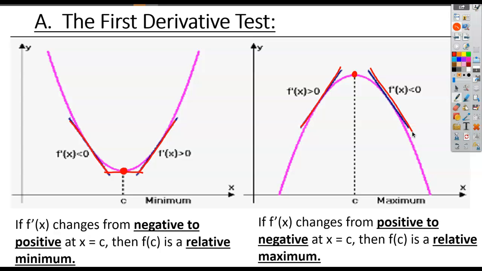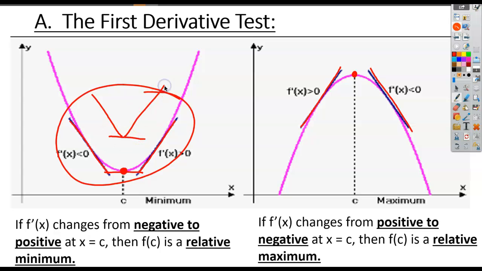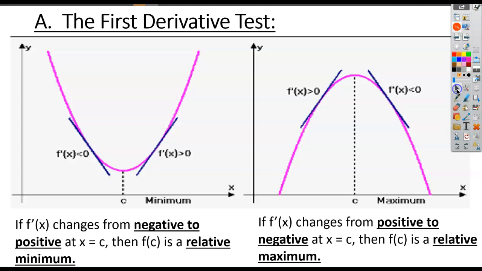So if f prime changes from negative to positive, like in this case here, negative slope, 0 slope, positive slope, that means you have a relative minimum. But if f prime changes from positive to negative, positive slope, 0 slope, negative slope, that means you have a relative maximum. Okay? So that is basically what the first derivative test is.